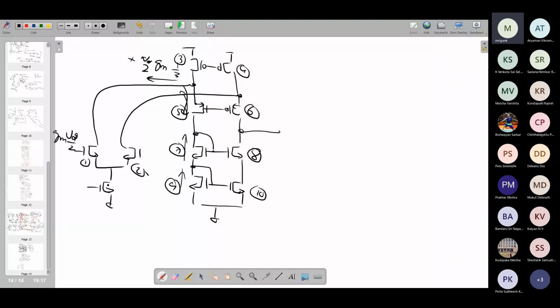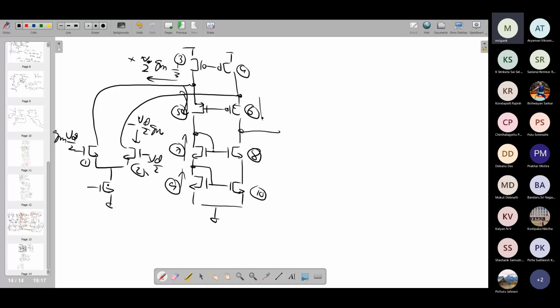So whatever small signal current flows into your M7 and M9, the same current comes at the M8 and M10, and then we have the small signal current which corresponds to, say, gm Vd by 2 with a minus, because you have minus Vd by 2. So minus gm Vd by 2, corresponding to that you get the 1/3 of that into M6.